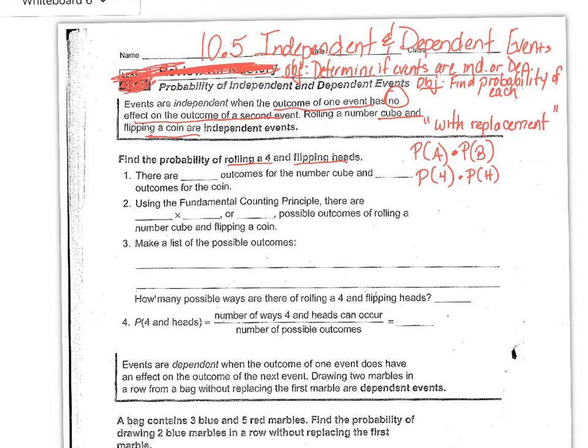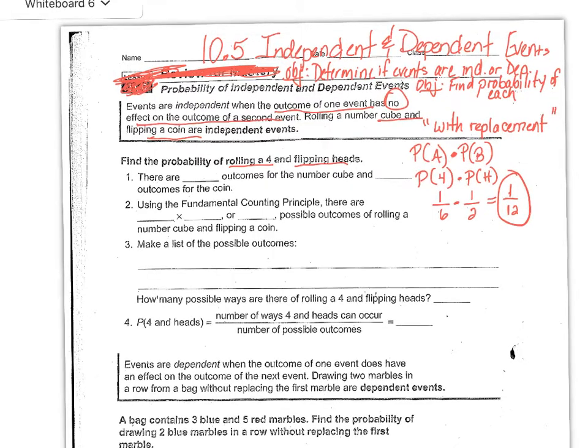Well, the probability of rolling a 4 on a cube is 1 out of 6, times the probability of flipping a heads, there's 1 head out of 2 sides of the coin. So the probability of rolling a 4 and flipping a heads, 1 times 1 is 1, 6 times 2 is 12. So the probability would be 1/12. Okay? I don't like to do it the other way. It's easier doing it this way.